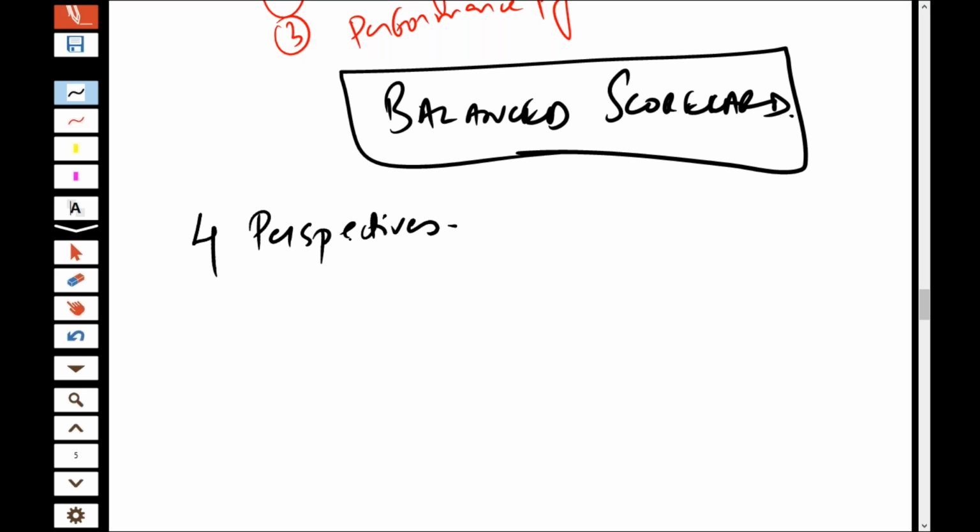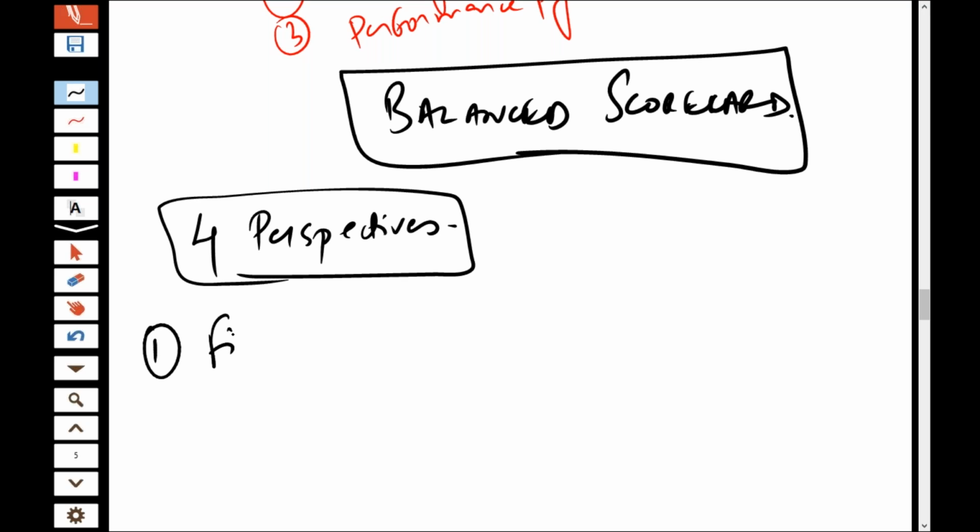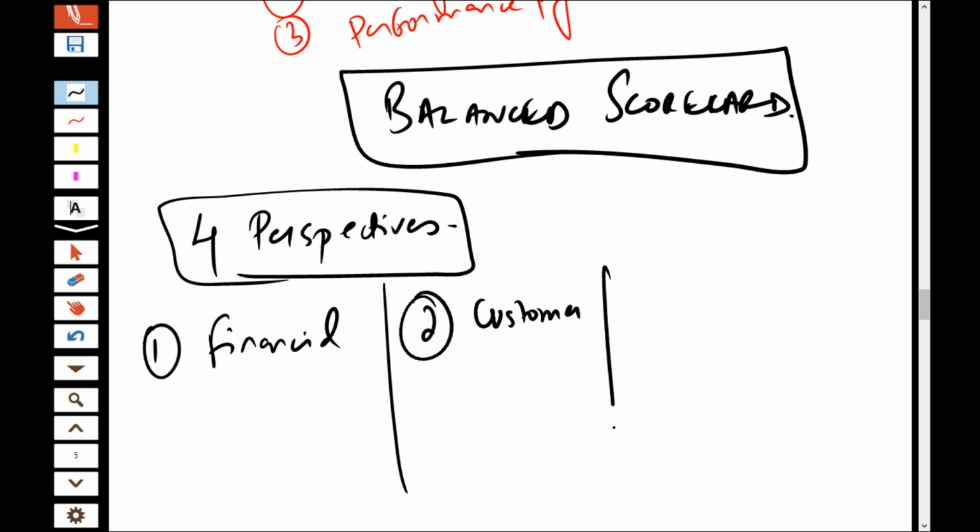And what are those 4 perspectives that the Balanced Scorecard defines? The first perspective is termed as the financial perspective. The second perspective is the customer perspective. The third perspective is the internal business process.